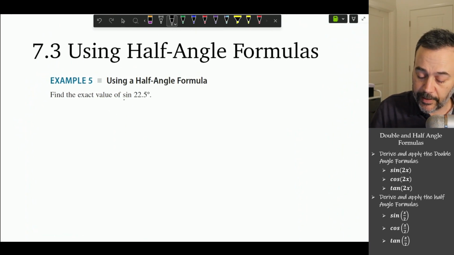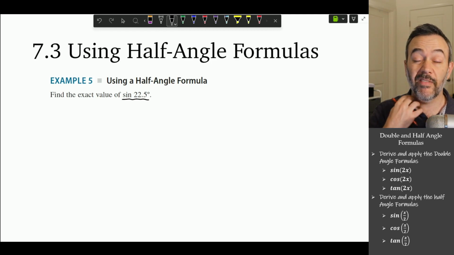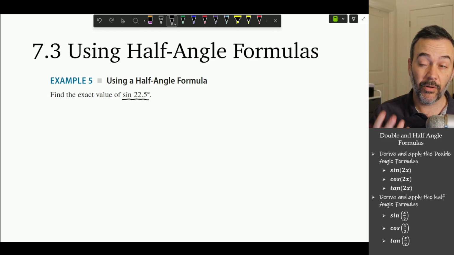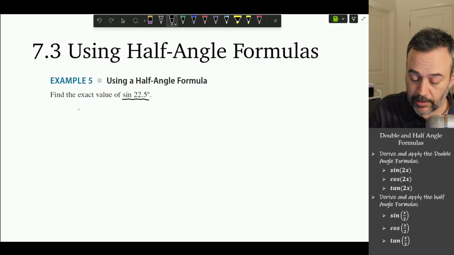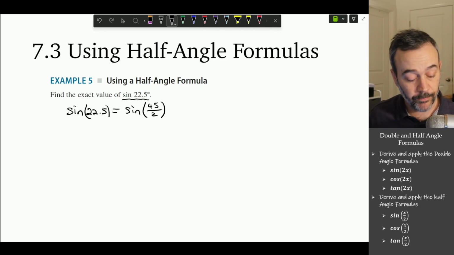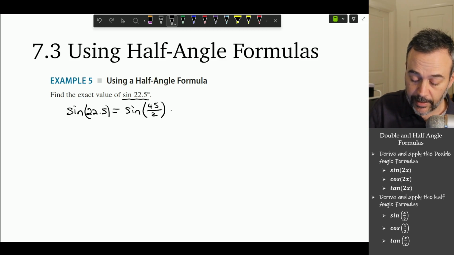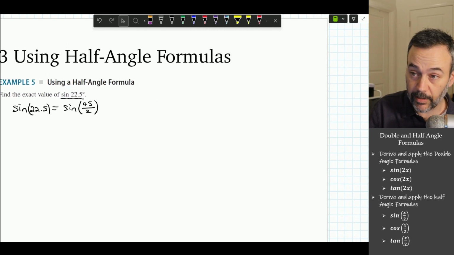Suppose we want to find the sine of 22.5. Well, we know that 22.5 is half of 45, and sine of 45 is easy. So let's try that. Sine of 22.5 can be written as sine of 45 degrees divided by 2. But we just had the sine half angle formula, and the sine half angle formula is the following.